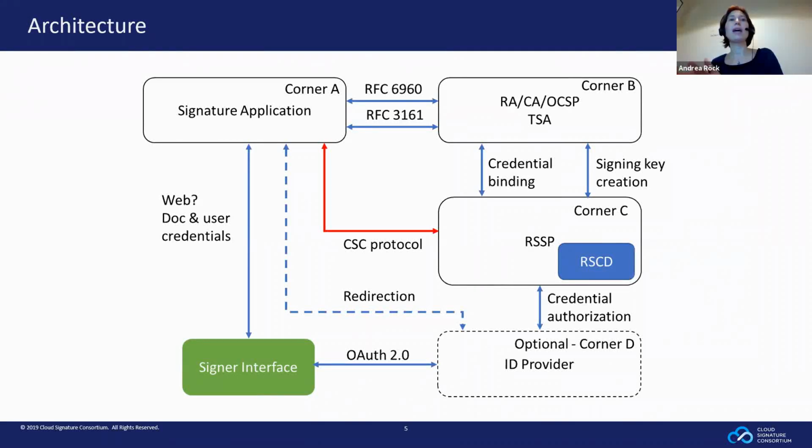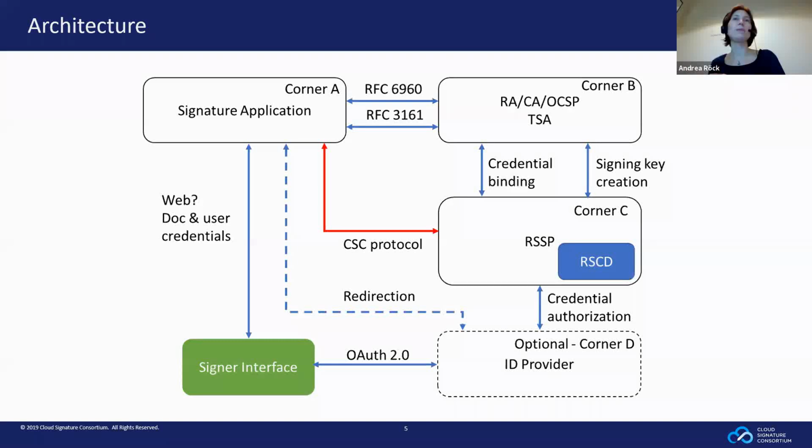Then we can also have some other actors in the architecture, like the CA issuing the certificate used in the signature, or there might even be another actor, the ID provider, that handles the authorization of the key.